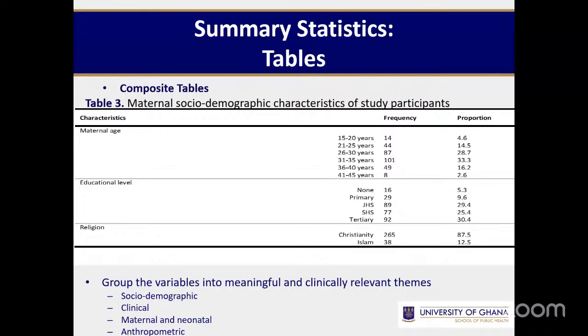So we are looking at the maternal age, the educational level, and then the religion. Okay, so this is a composite table, which is an expansion of the earlier table we looked at. And most of you will be doing composite tables for your dissertation or your thesis.